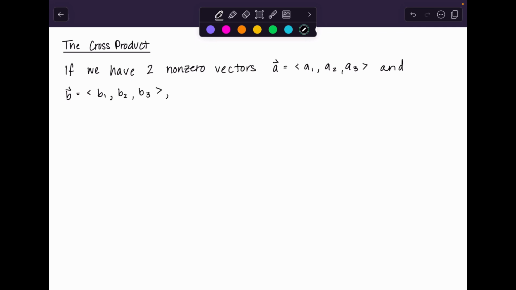If we have these two vectors, it's going to be very useful to find a vector C that's orthogonal to both A and B.